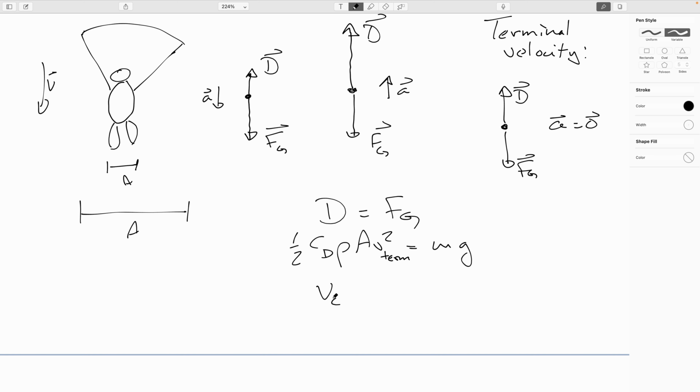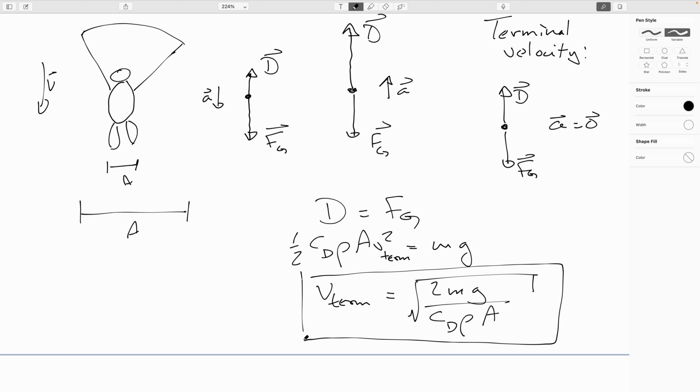Solving for that, v terminal will equal the square root of 2mg over C_D rho A. This is, again, only for the regime where quadratic drag is valid, but most skydiver-type situations are in that regime. So what do we see from this?